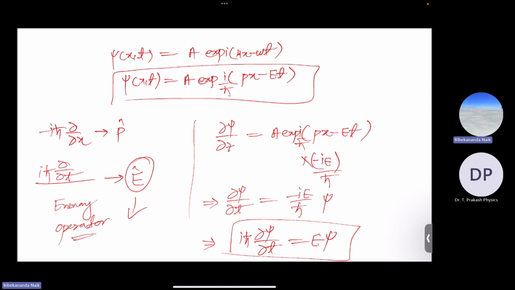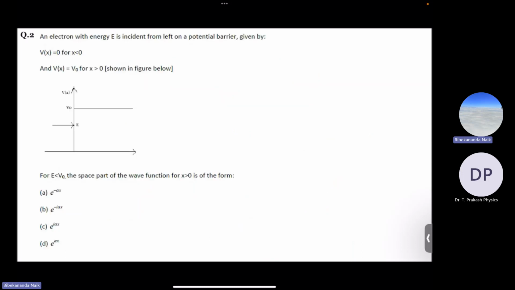Now the next question says an electron with energy E is incident from the left on a potential barrier given by V(x) equals 0 for x less than 0 and V(x) equals V0 for x greater than 0, as shown in the figure.